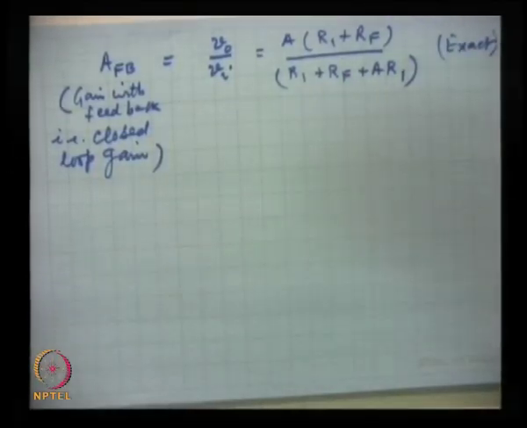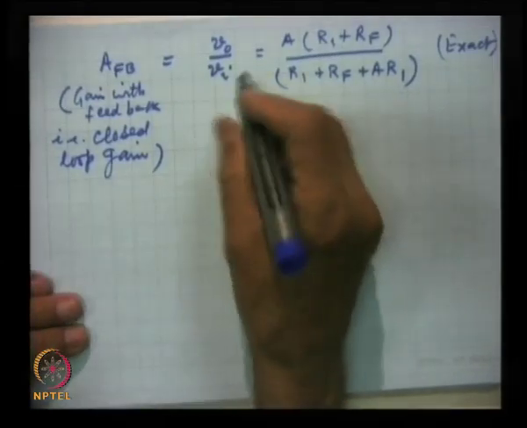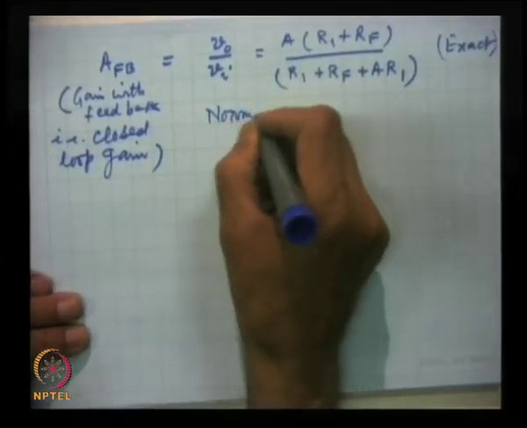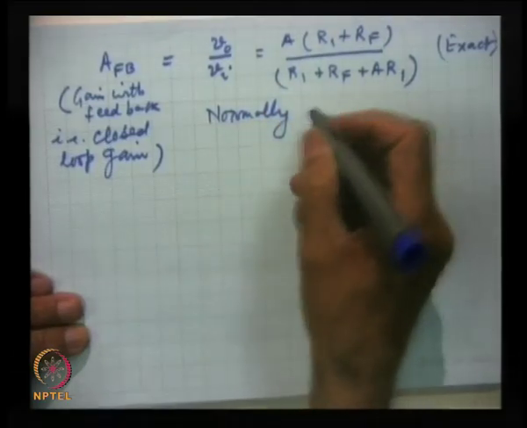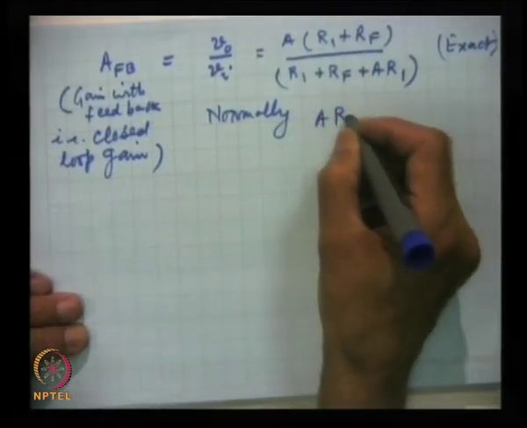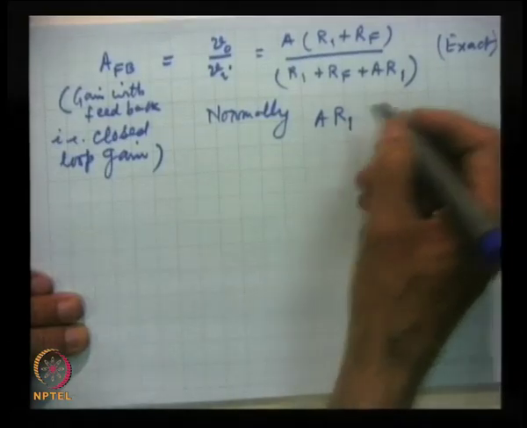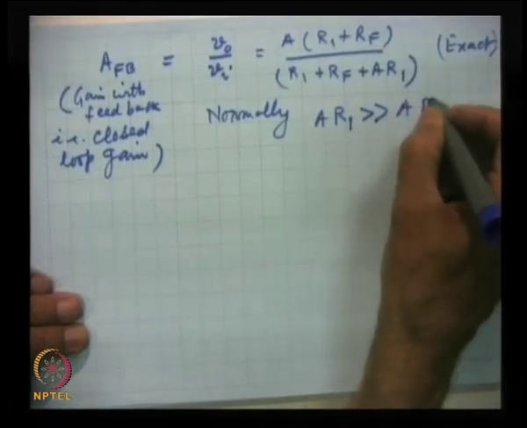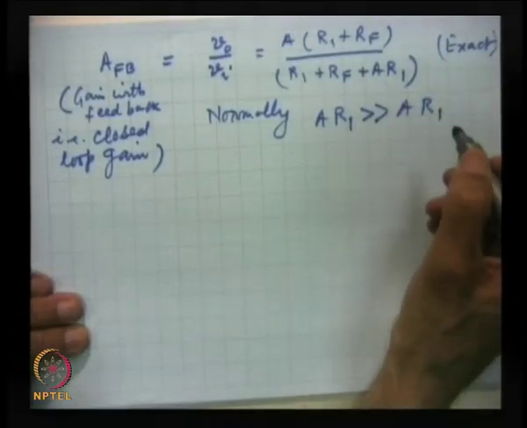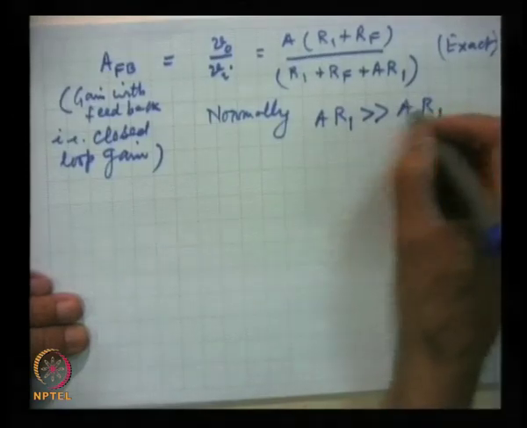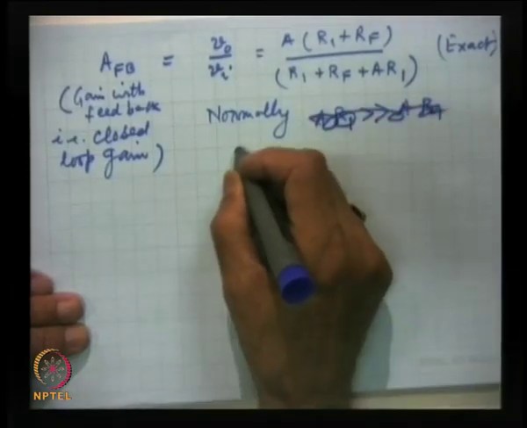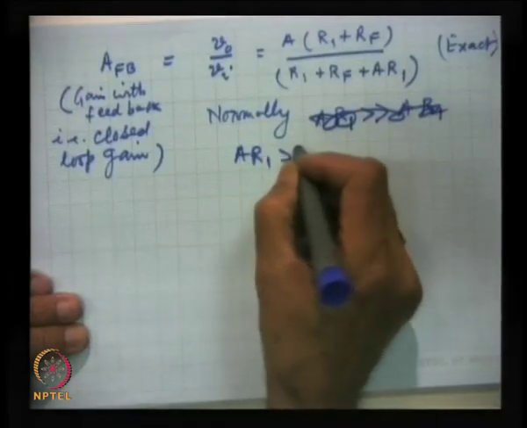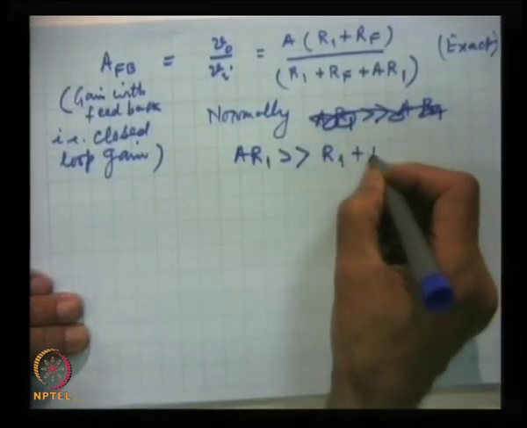But when we see the practical situation, it gets drastically simplified. Normally, and normally means most of the time, A R1 is very large as compared to R1 plus Rf.